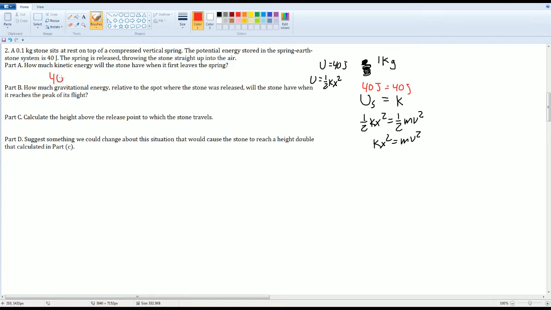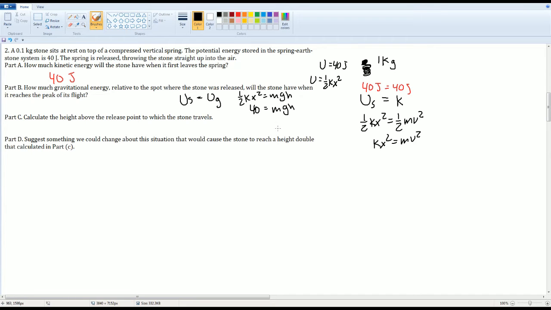How much gravitational energy relative to the spot where the stone was released will the stone have when it reaches its peak? Here it is going to be converted. So U of the spring is going to be U of gravity, ignoring kinetic energy. So 1/2 kx squared is equal to mgh, which is 40 joules here equal to mgh.